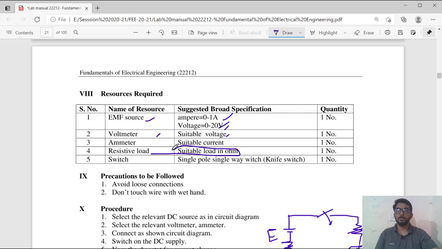If your load is of higher wattage, then the current meter range should be increased, or if your load is of lower wattage, it can be reduced. We also have to use a switch. This is an on switch. You can use a push button switch, or as per the given condition, a single pole switch or knife switch also.